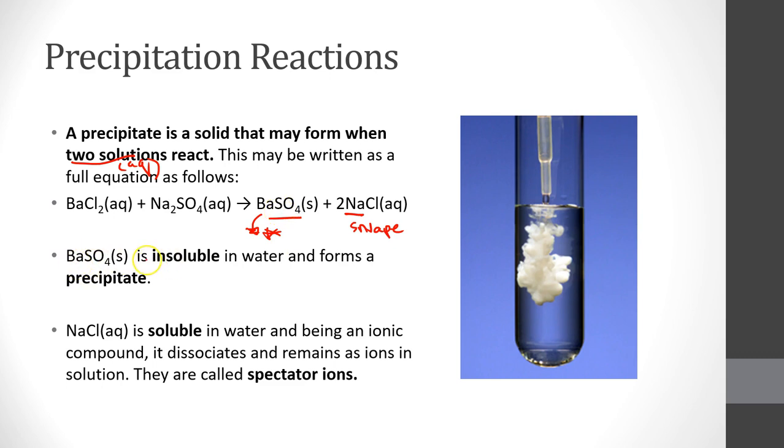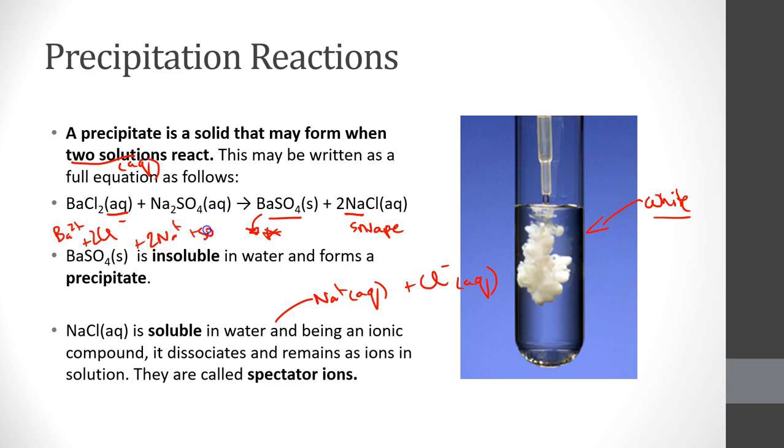So barium sulfate is going to be insoluble and will form a white precipitate like this one here. This is classic of barium sulfate. Sodium chloride is going to be soluble, so it will be in solution as aqueous sodium ions and aqueous chloride ions. Okay, because these ions remain aqueous on both sides, so here we would have Ba2+, 2Cl-, and then 2Na+ and SO4 2-.